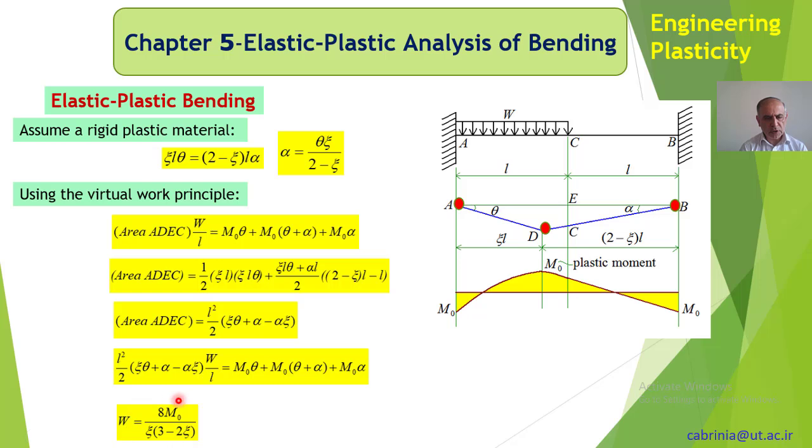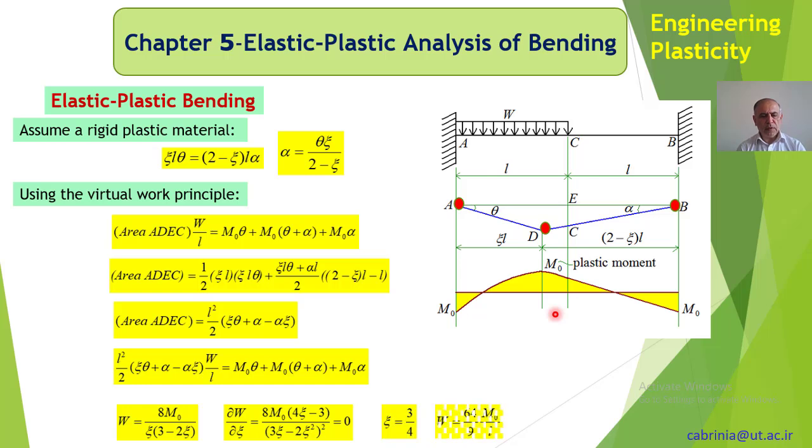Now in this relationship, we have this xi, which is not known, is our unknown. So how do we find that? If we do a differentiation and put it equal to 0, because that's the maximum point. So partial differentiation of w with respect to xi, put it equal to 0, then we have this relationship here.